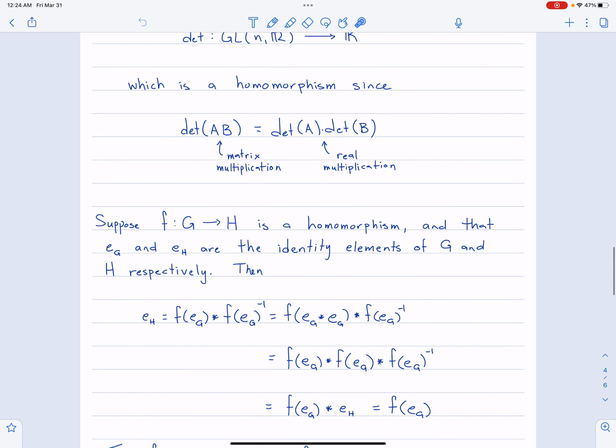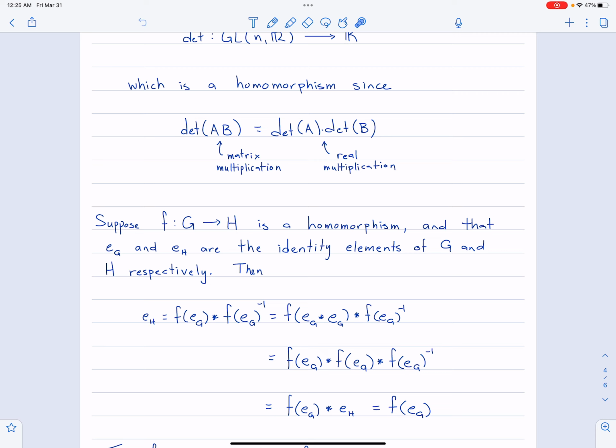One useful fact is that if I have a homomorphism from G to H, then it has to send the identity of G to the identity of H. The reason is as follows.